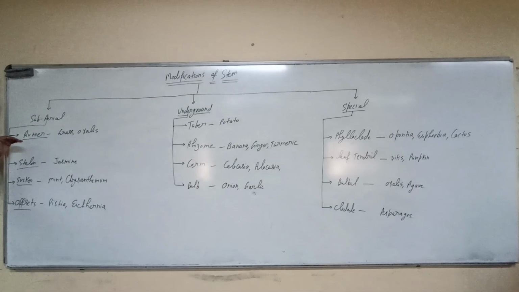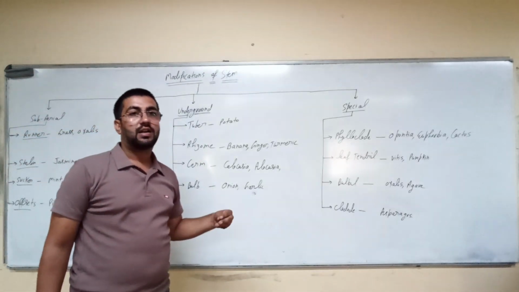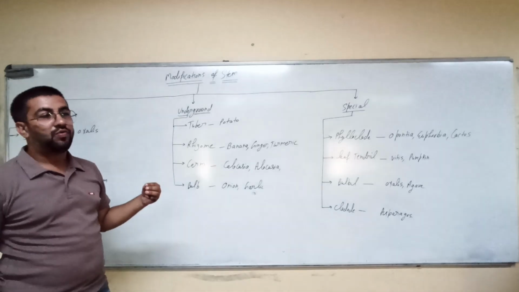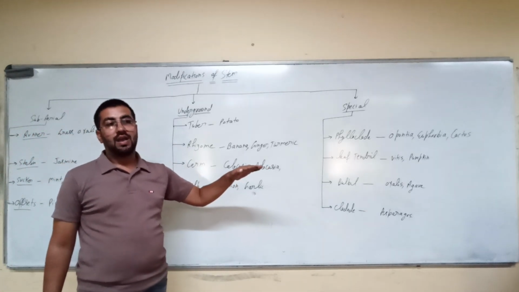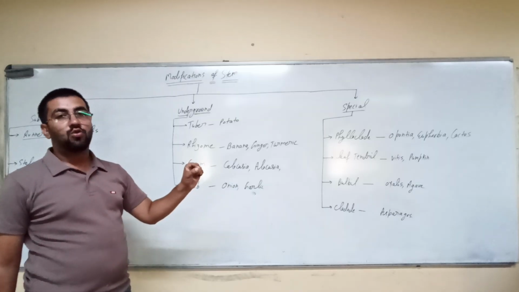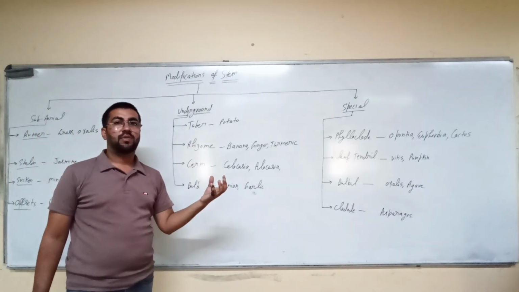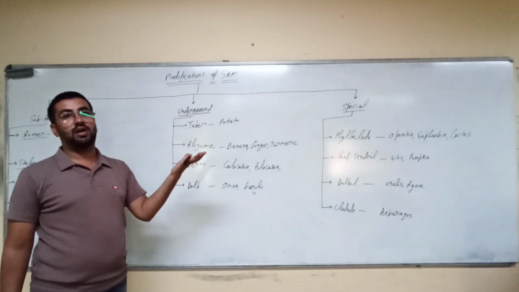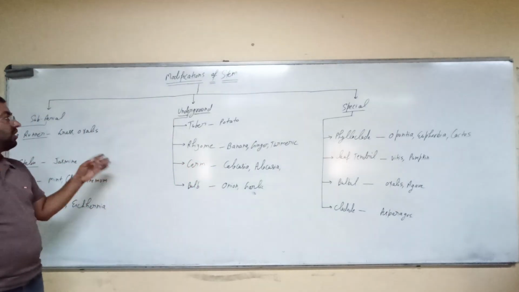Now we will discuss the runner. What is a runner? Runners are those types of stem which move along the soil, and when the node gets attached to the soil, it starts a new plant, with new roots and leaves from the ground.